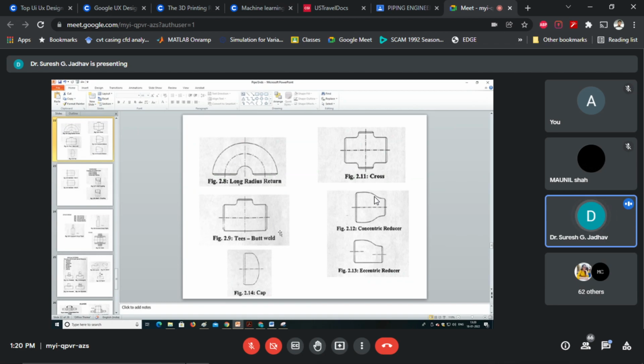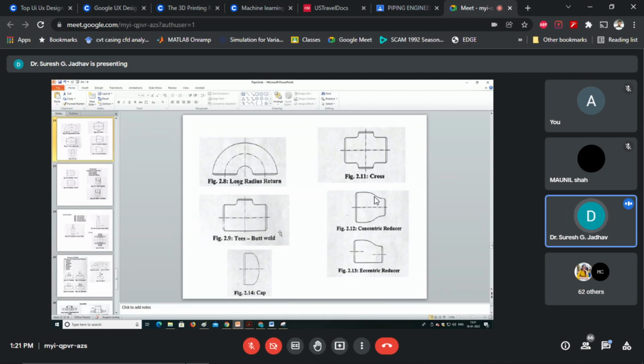The manufacturing restrictions do not allow reducing tees of all size combinations. To arrive at available sizes of reducing tees in the standards, use the thumb rule of dividing the major diameter by 2 and consider the next lower size.